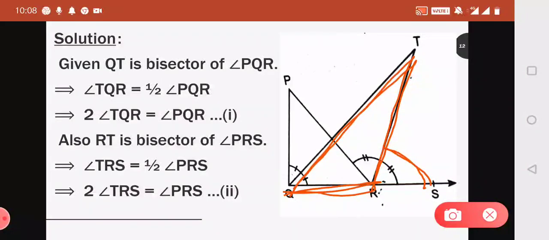Now according to the exterior angle property, the exterior angle theorem, we get the exterior angle of this triangle equal to angle TQR plus angle QTR, this angle. So we insert the values ahead.